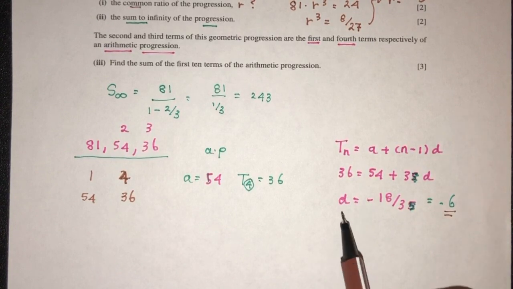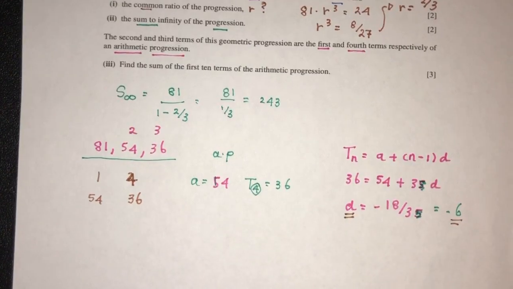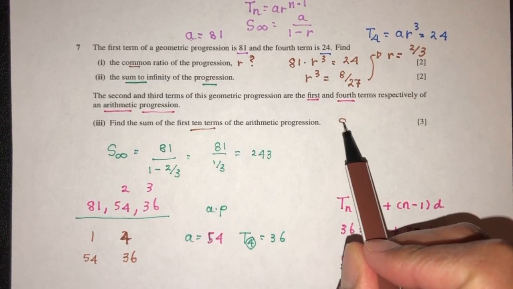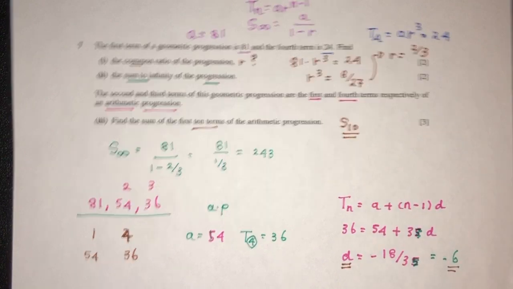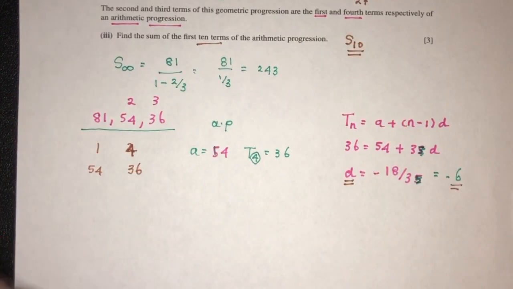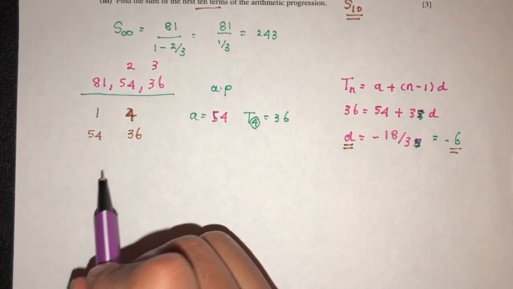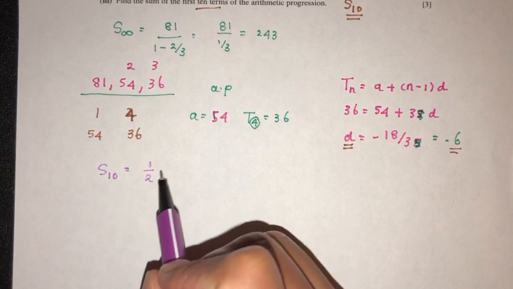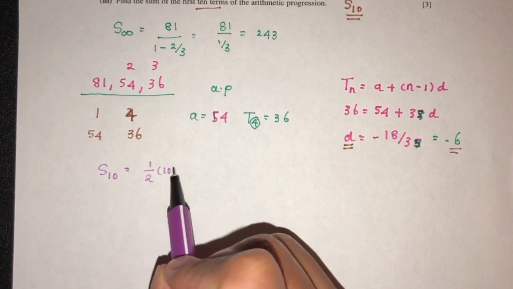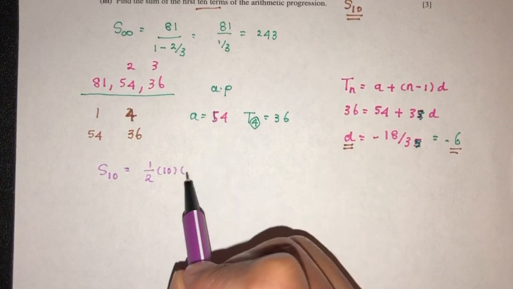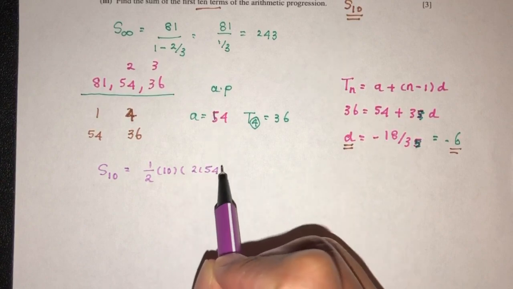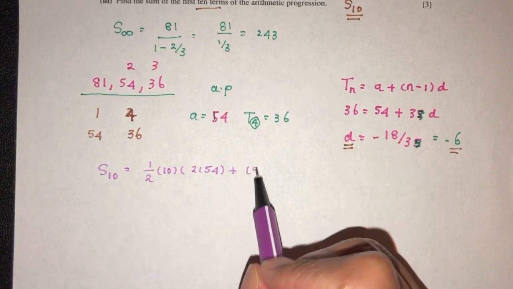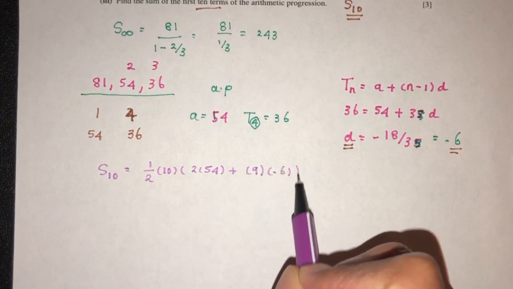Okay, so now I do have the common difference. Let's see what the question is. I have to find the sum of the first 10 terms of this progression. So pretty easy. For the first 10 terms, again, it is given to you by your formula, that is half times n, which is 10, times (2 times a, which is 2 times 54, plus n minus 1, that will be 9, times d, which is minus 6).